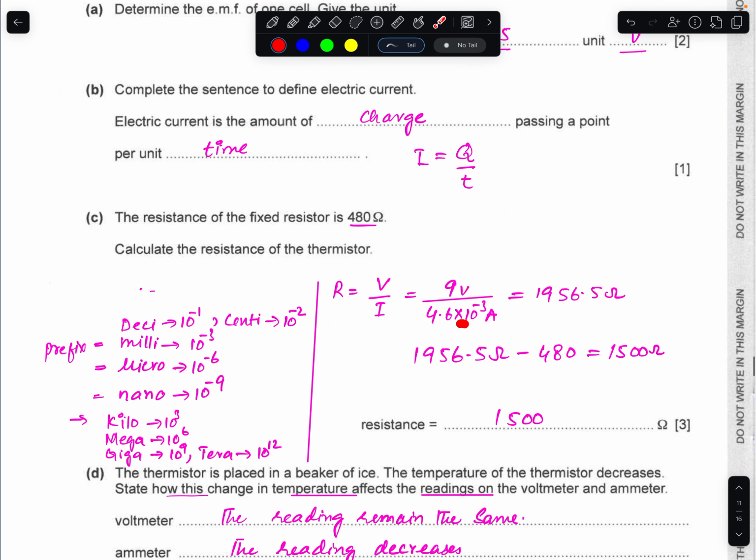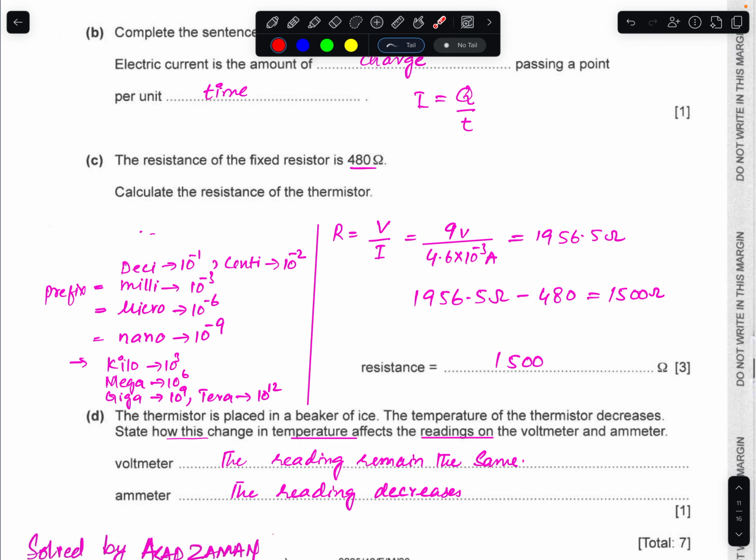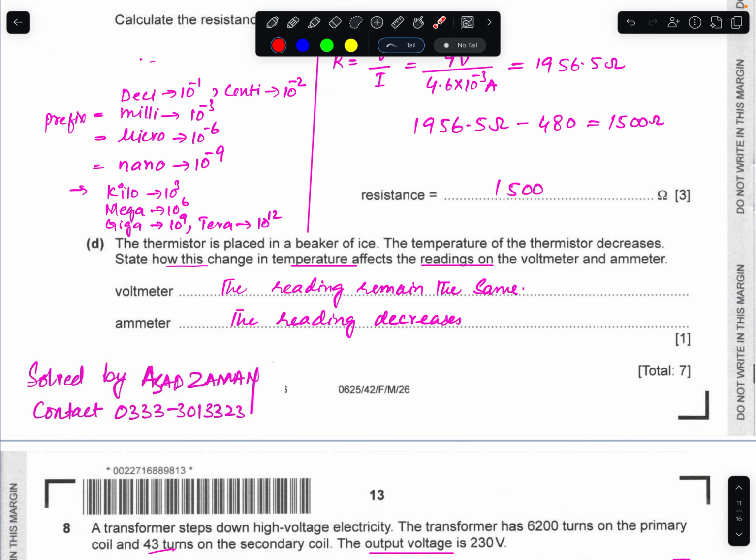So this prefix is used, 10 raised to the power minus 3, to convert the current from milliamperes to amperes. The total voltage is 9 volts, and you would get the total resistance, which is 1956.5. If you subtract the resistance of the fixed resistor, the leftover resistance would be the resistance of the thermistor, which is 1500 ohms. I wrote some prefixes over here. You can just go through it.